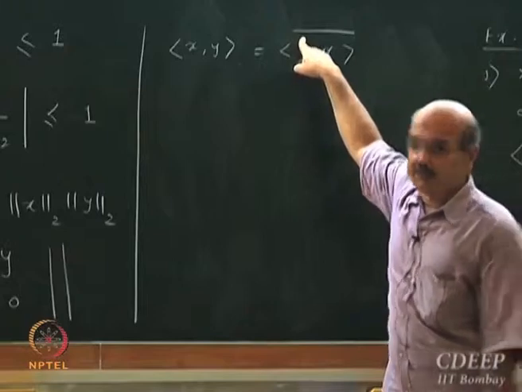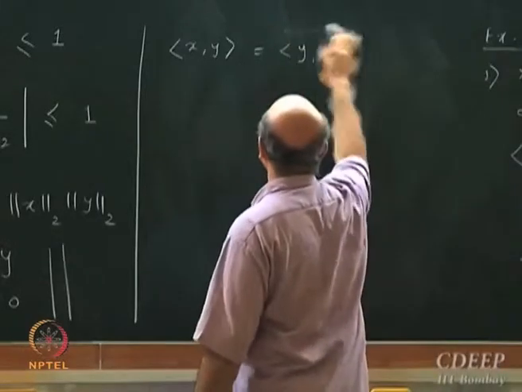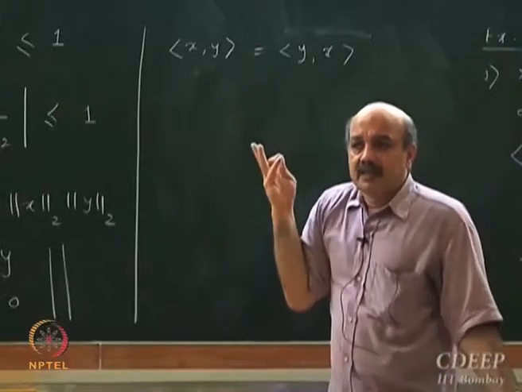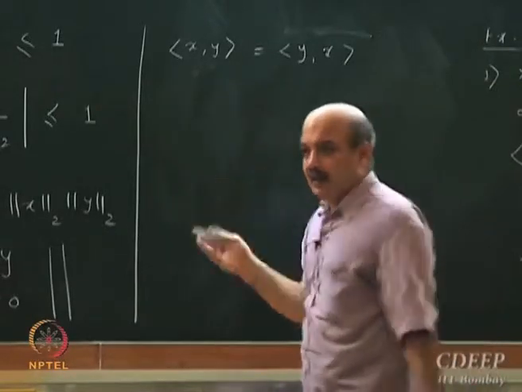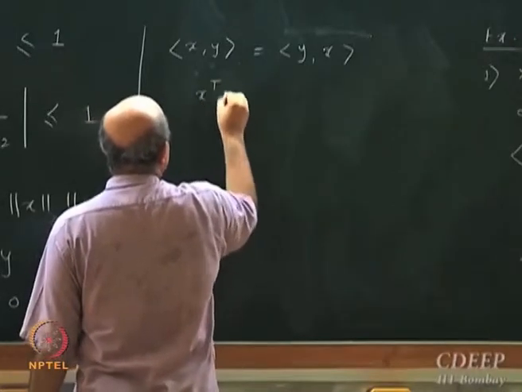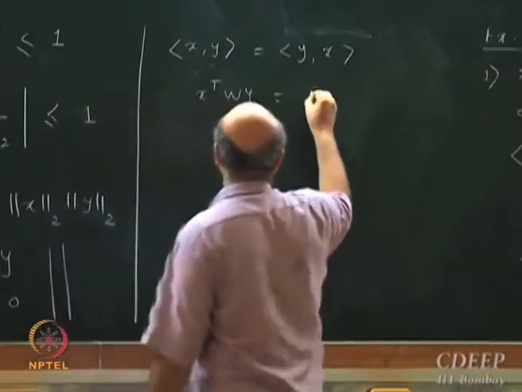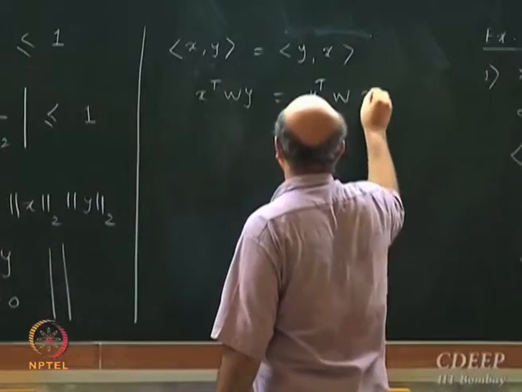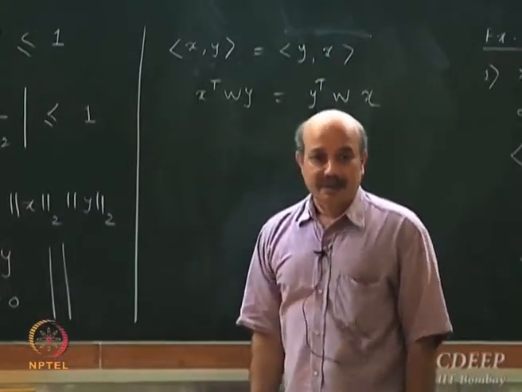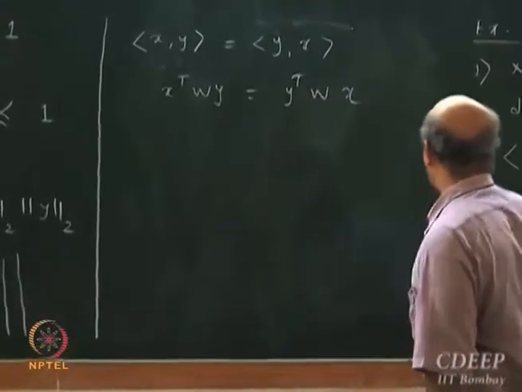So in this particular case, if I interchange, it should not matter. So I don't have to prove to you that x transpose W y is the same as y transpose W x. Why is this true? Is this always true? I need one more property. I have missed out something here.